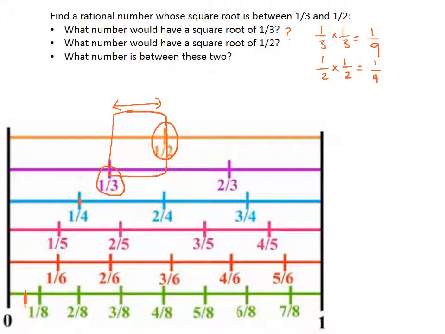So it says find a rational number whose square root is between those two. So pretty much any number in between 1/4 and 1/9 would give you a square root between our target. And if you wanted to find out more, you could say, well, it's hard to compare 1/4 to 1/9 because they don't have like bottoms.